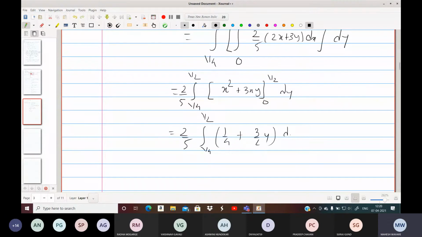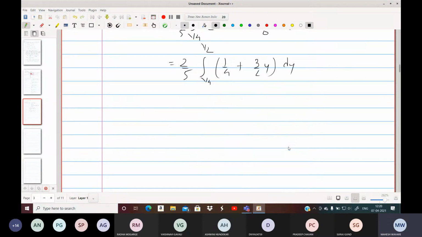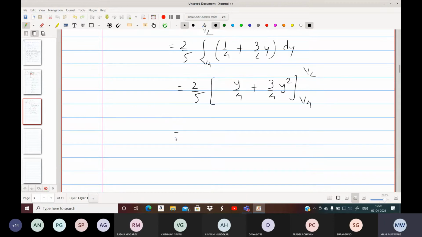Okay. Now this is easy to integrate with respect to y. 2 upon 5, 1 by 4 has integration y by 4, and 3 by 2 y has integration 3 by 4 y square, from 1 by 4 to 1 by 2. Okay, put the upper and lower limits in place of y.